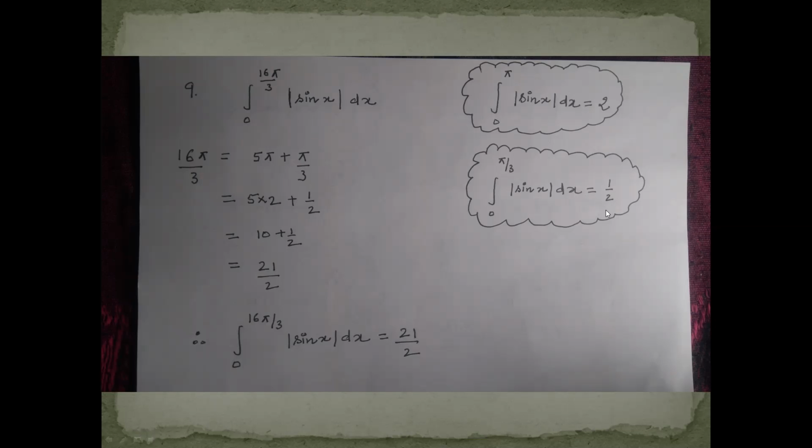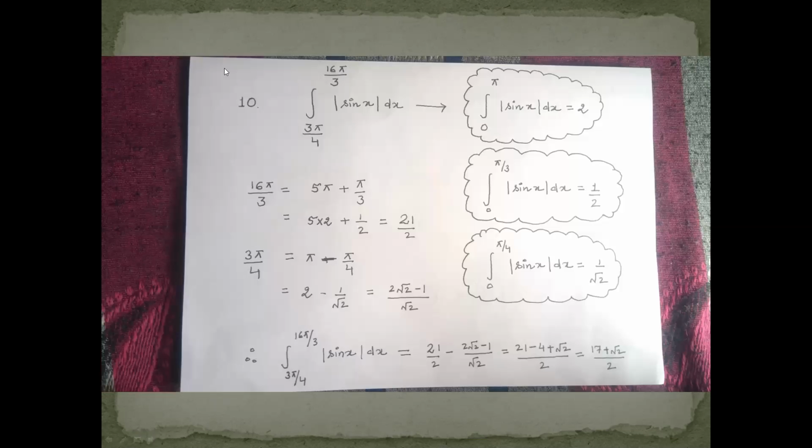Now my dear friends, proceeding towards the next question, which is the last question of the day. This is a very important question, question number 10. Here the lower limit is 3 pi upon 4, the upper limit is 16 pi upon 3. As in the previous question, 16 pi upon 3 is 5 pi plus pi upon 3. The answer is 21 upon 2.